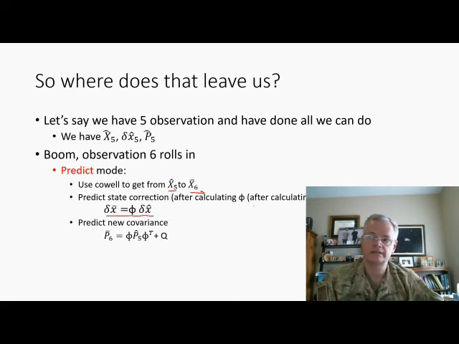Of course, to get there, we're going to have to calculate psi, which means we're going to have to calculate F. So a couple of calculations that you know how to do, but they're getting inserted into your code. And then I need to predict a new covariance. So covariance at 6 is going to be a function of the state transition matrix and the actual covariance at 5 plus that Q.